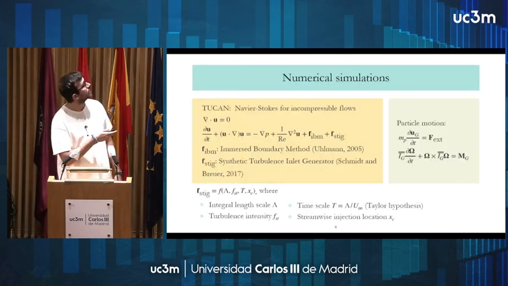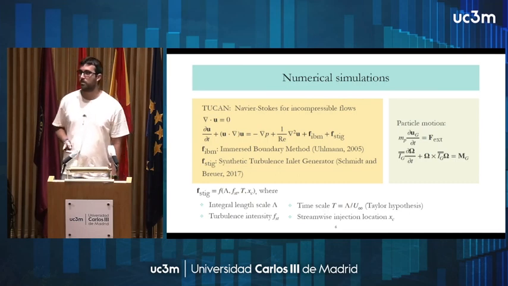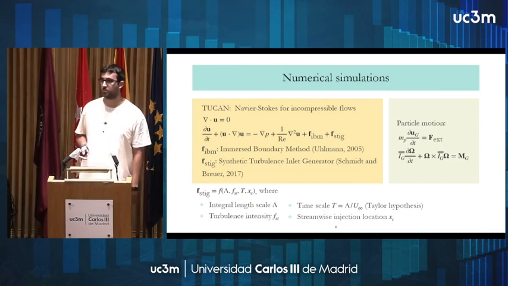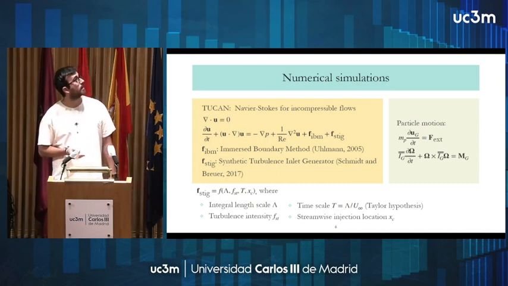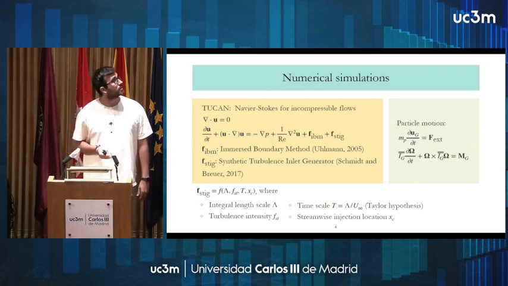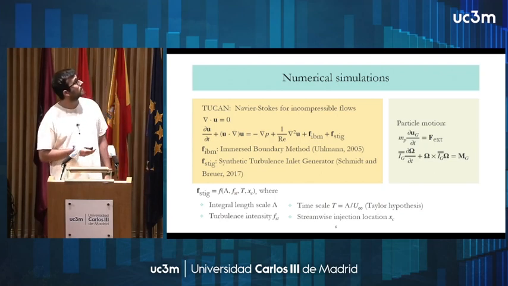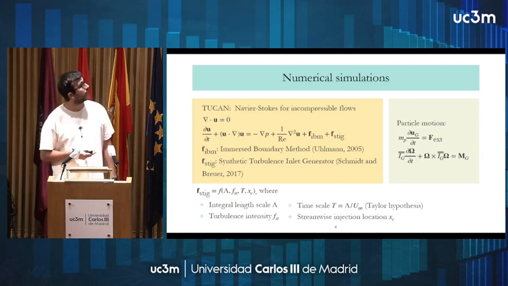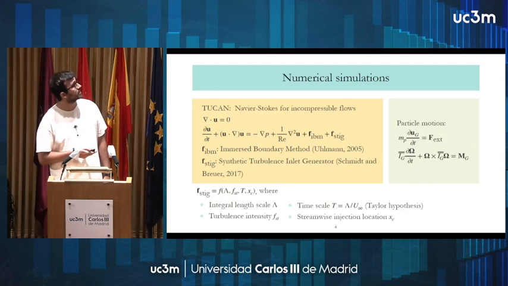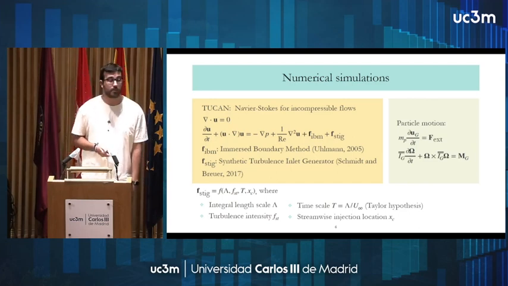In order to do so, we have performed simulations with our in-house Navier-Stokes solver, Toucan, which solves the presence of the immersed body using the immersed boundary method proposed by Ullmann.